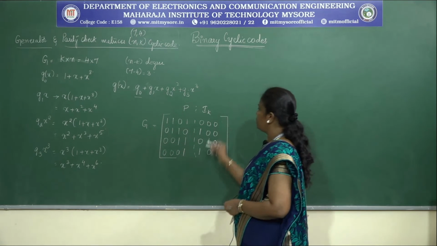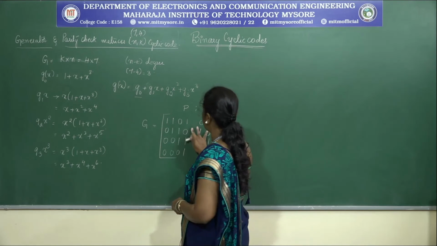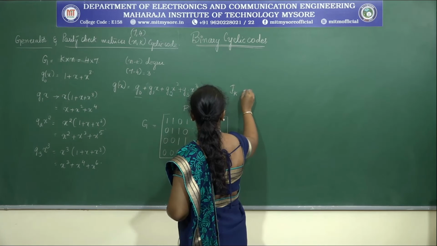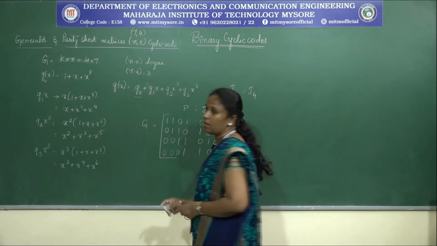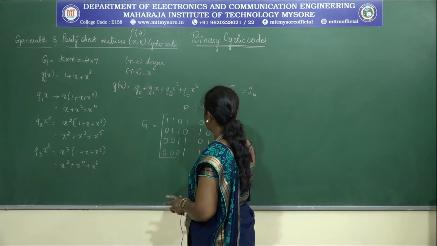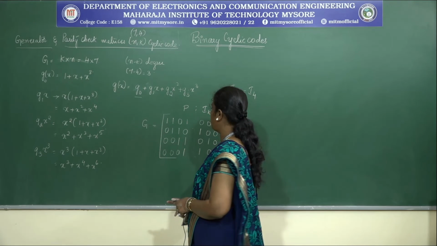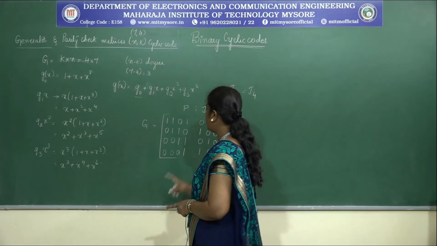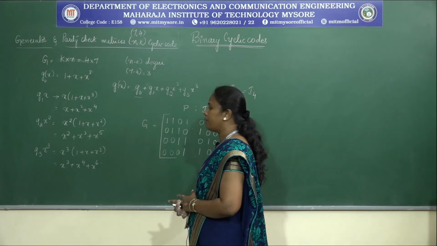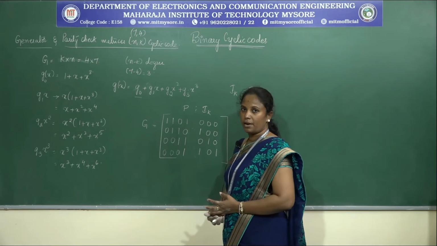Now if we consider Ik, what is k here? K is 4, so it should be I4. That means your identity matrix should be of the order 4 cross 4. The G we have found just now is not in the standard form. So we need to perform some row operations so that it is in the standard form.